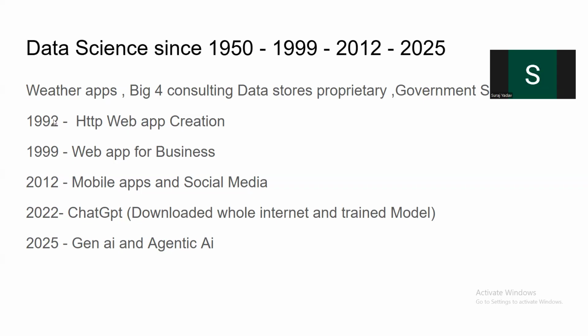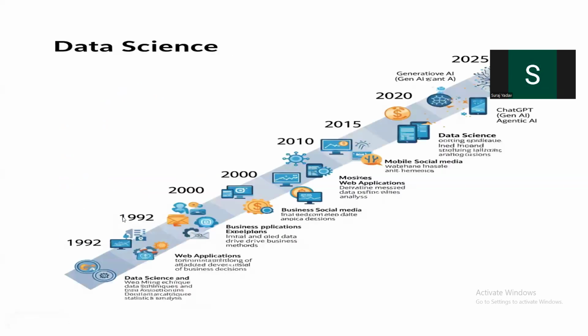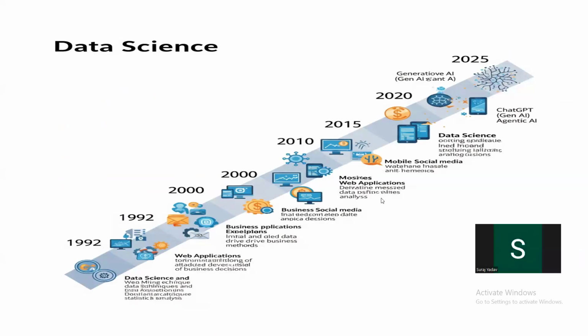Basically, these are the important years when the evolution of the technology happened, and this was generating a lot of data. Through the picture, you can also understand it this way: the HTTP protocol in 1992, then the bubble burst, and everybody wanted a web application around 2000.